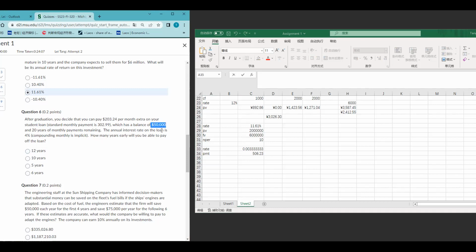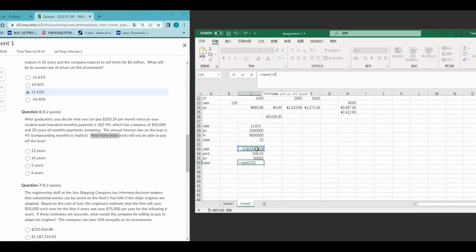We already have and use this money. So this one is the present value, PV 50,000. Okay. So what we're going to do is use NPER because the question is how many years, right? So we use the NPER function.